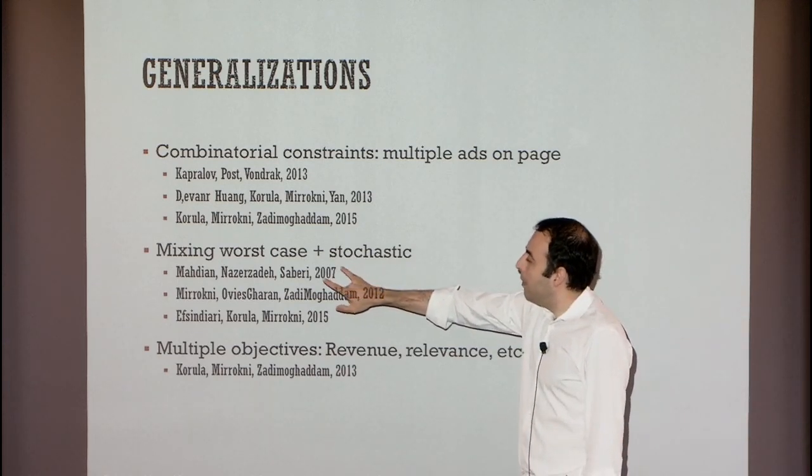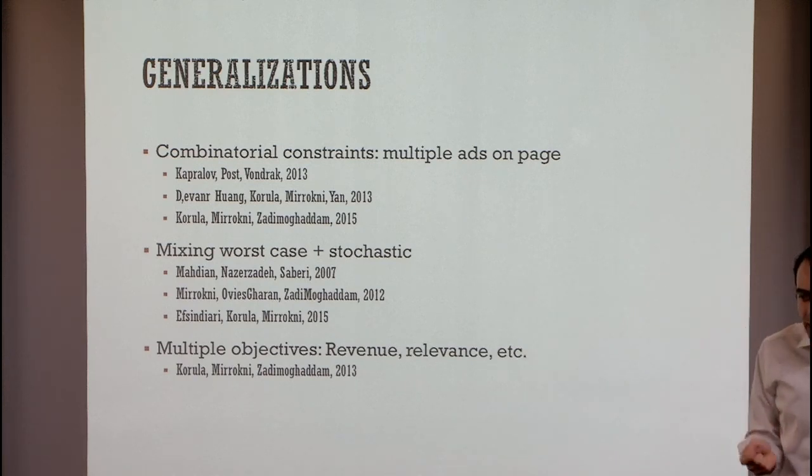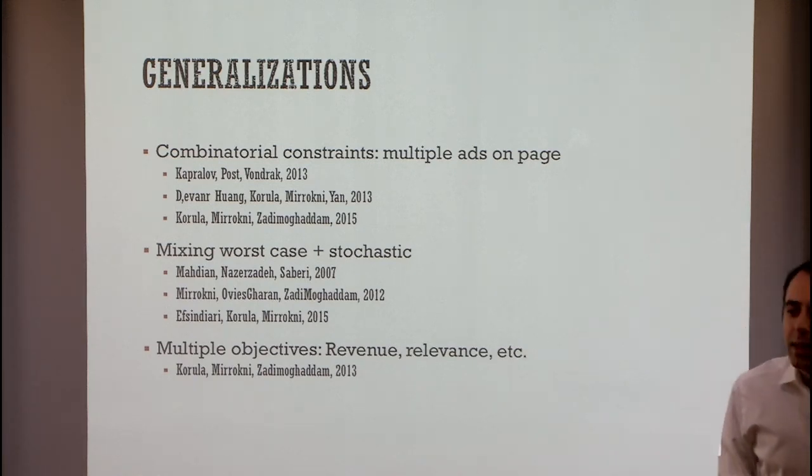Then there is this idea of mixing worst case and stochastic. So imagine you have some idea about the distribution of the queries. So you have some expectation of what's going to happen today. But because of external events, it starts changing. You start getting queries about a particular individual, let's say Prince dies, and now everybody is trying to buy, download songs from Prince.